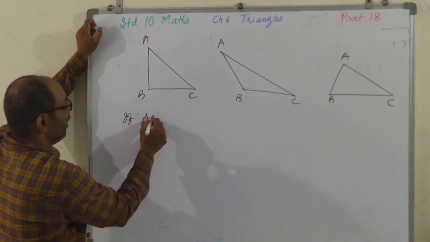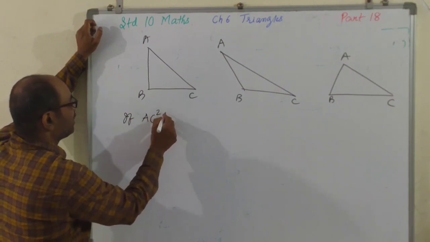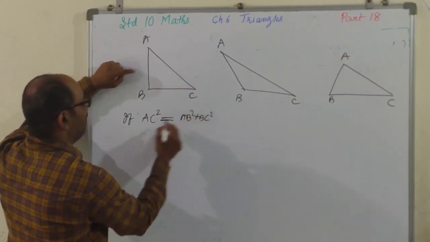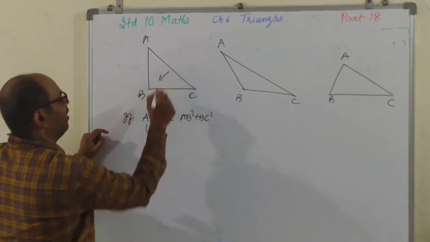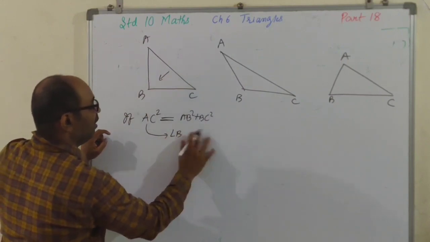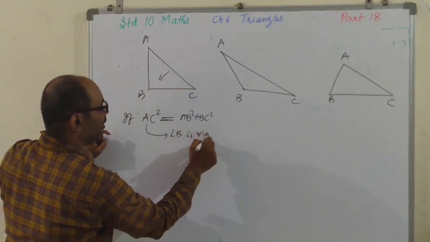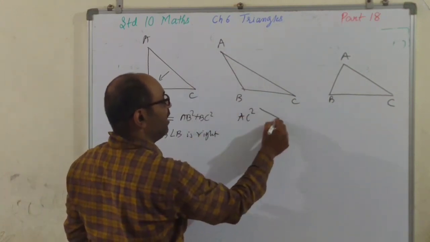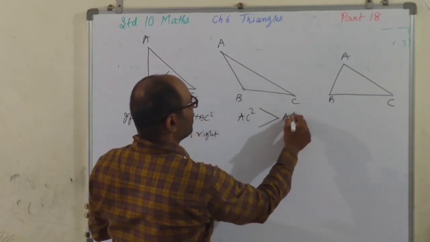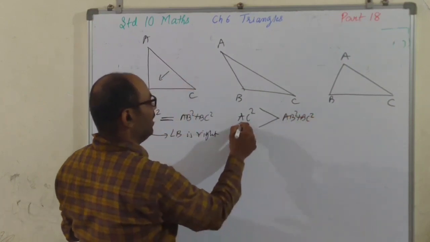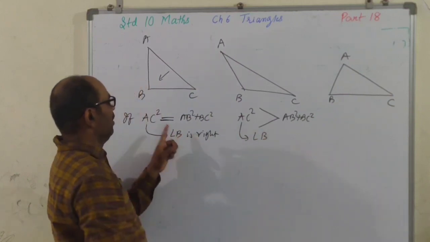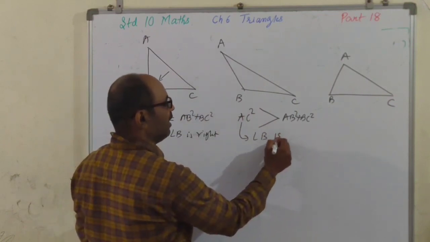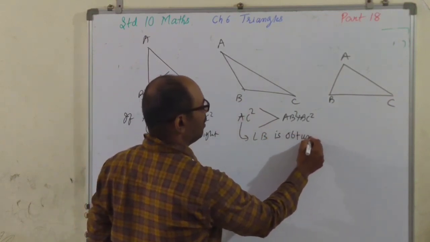If AC square is equal to AB square plus BC square, then the angle B opposite AC is a right angle. But if the longest side AC square is greater than AB square plus BC square, then angle B is greater than 90, which means it is obtuse.